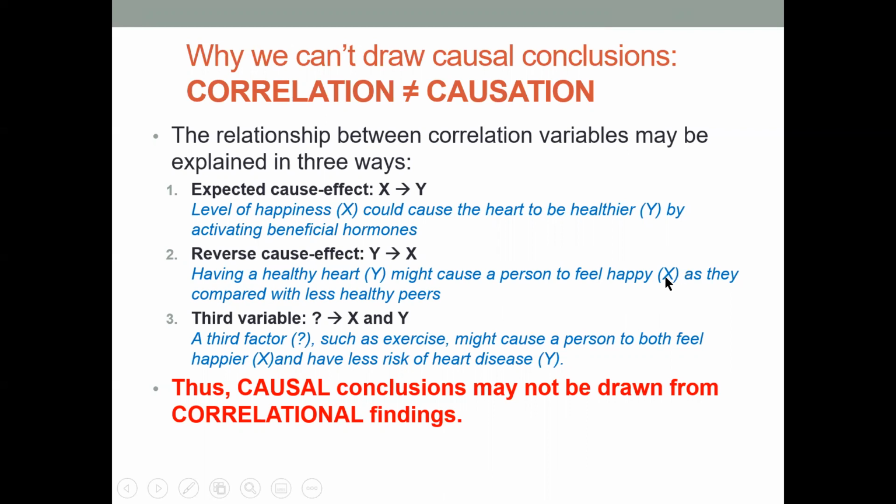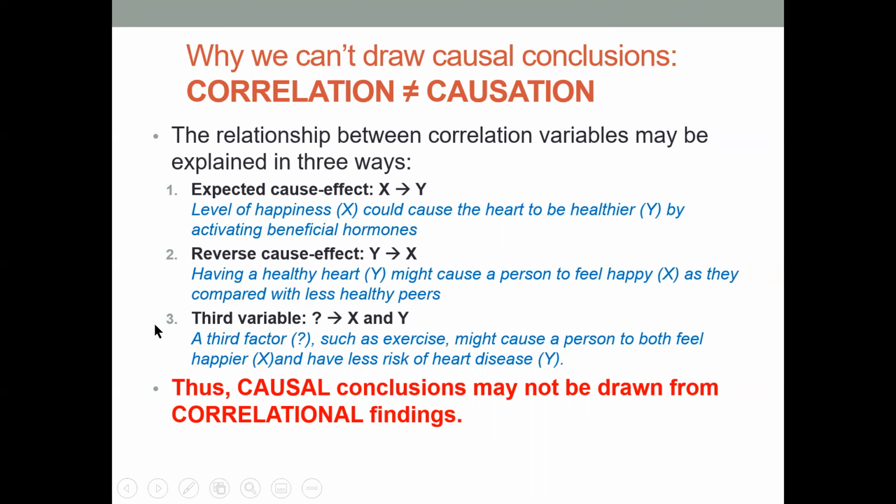Could it seem logical or plausible? We could say, sure, maybe those people with a healthy heart are looking around and seeing so many of their friends having unhealthy hearts, and they just feel grateful for their health. So in that case, having a healthy heart causes people to feel happier. That's a reverse, and we don't know which is true.